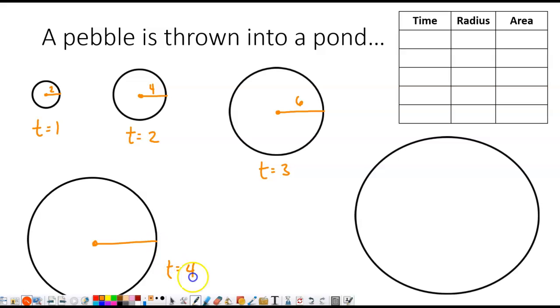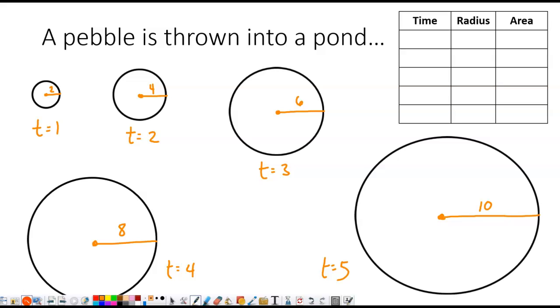And by the 4th second, the radius of the circle is 8 centimeters. And then finally, by the 5th second, it turns into 10 centimeters long. Okay? So as you guys can see, as time goes by, the radius is increasing, which is what we would expect if you were to throw a pebble into a pond.